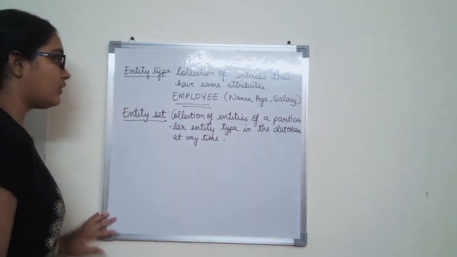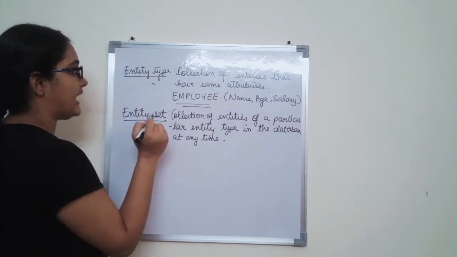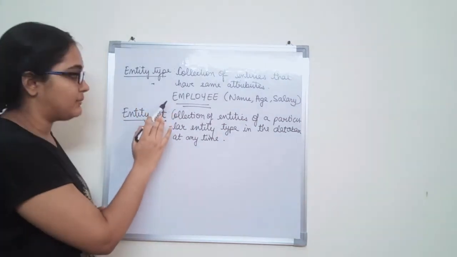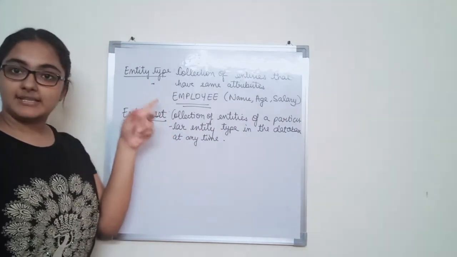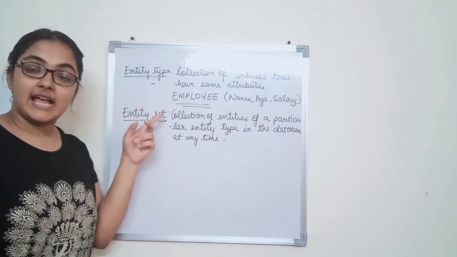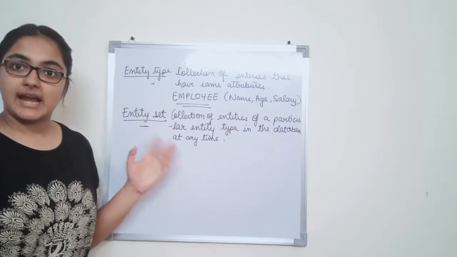So both the entity set and entity type are represented by the same name, employee. Employee represents the entity type, that is the collection of entities, as well as it also represents the set of entities that are present in the database at any time.